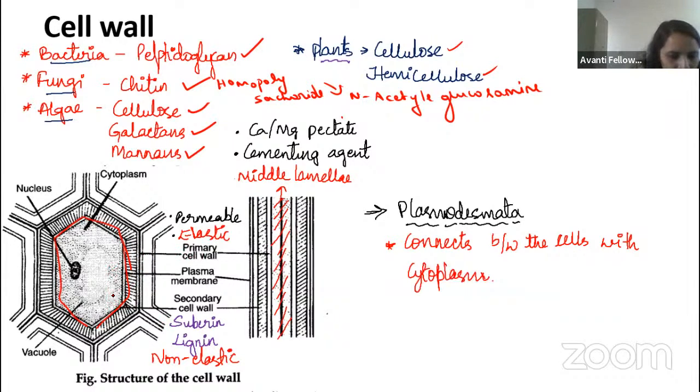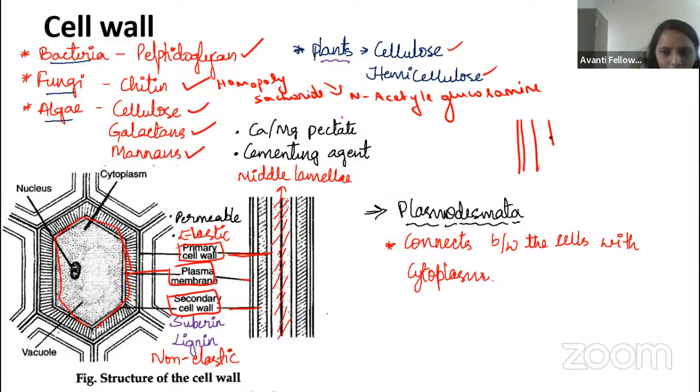Remember guys, this is the plasma membrane. Okay. So here you can see the plasma membrane.